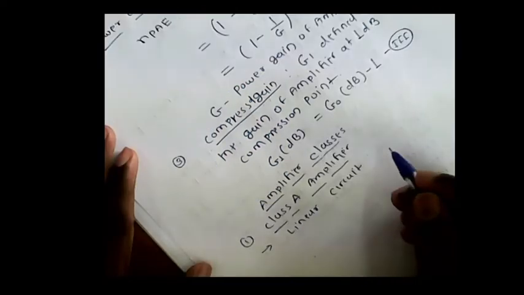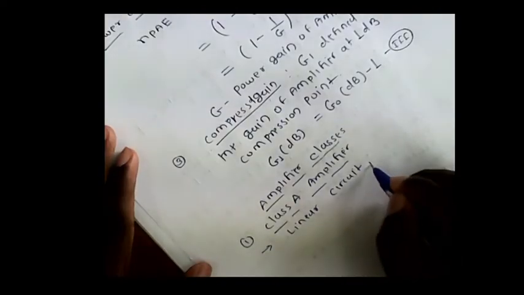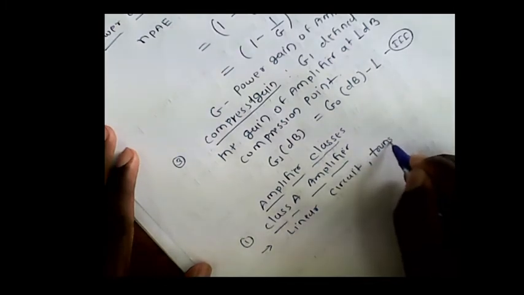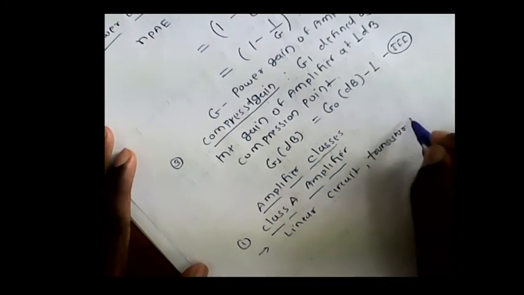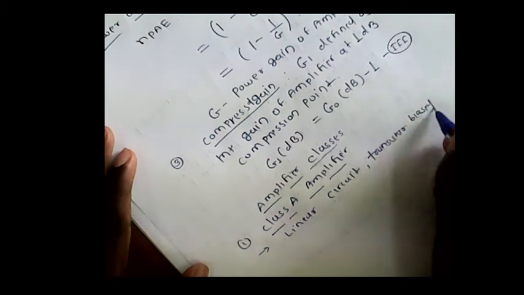Class A amplifier is inherently a linear circuit, where the transistor is biased to conduct over the entire range of the input signal.